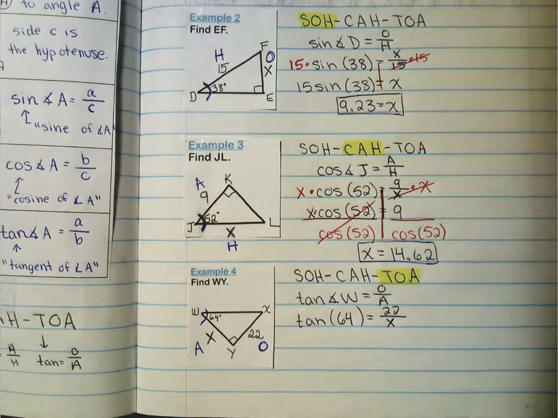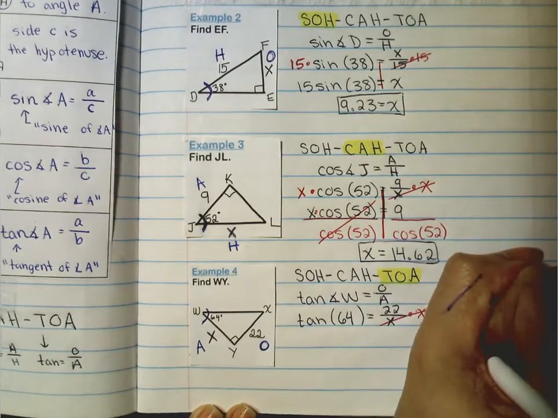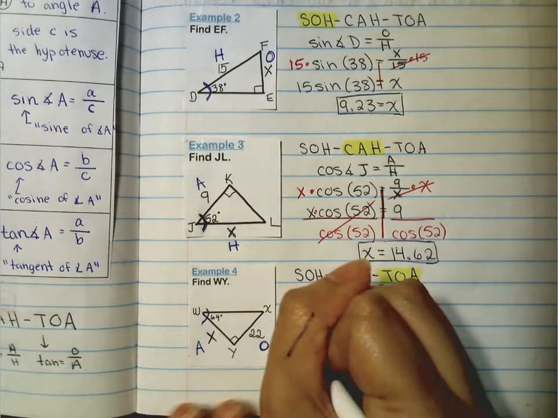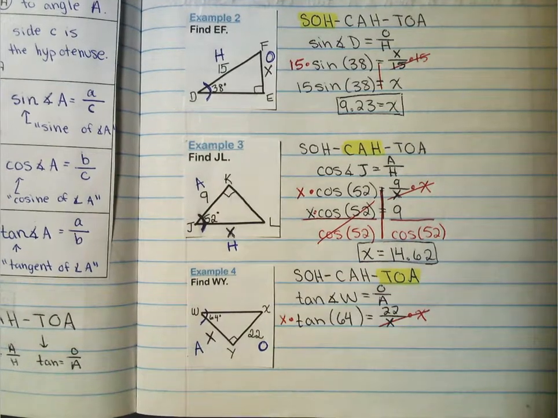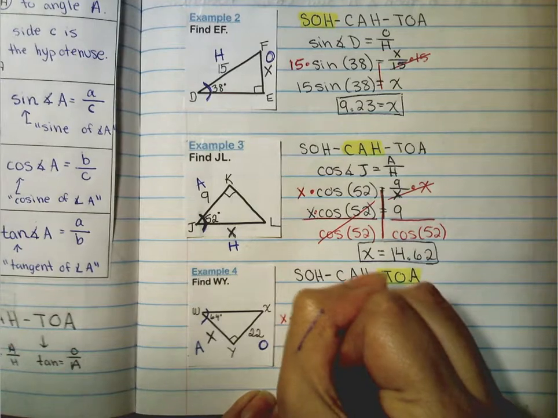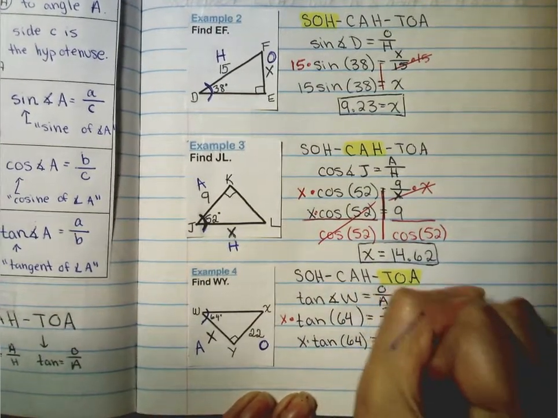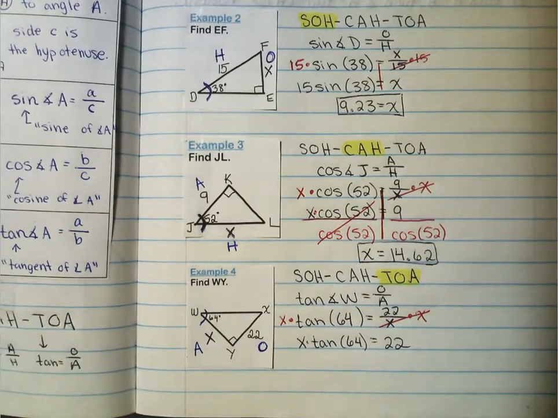Same thing, right? I have an x in the bottom, so multiply by x so I can get rid of that fraction. Do the same thing on the left side. So now I have x times the tangent of 64 equals 22.